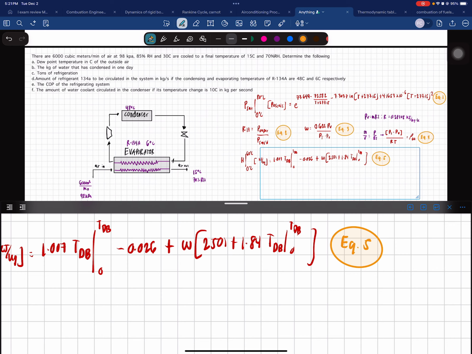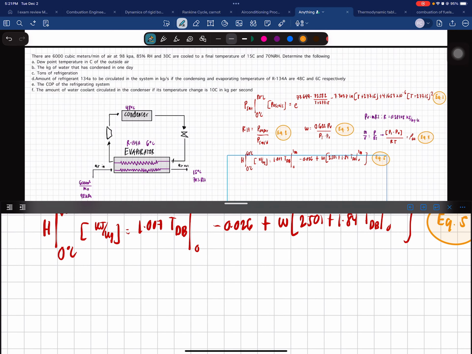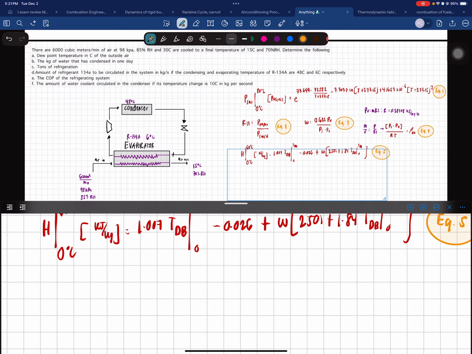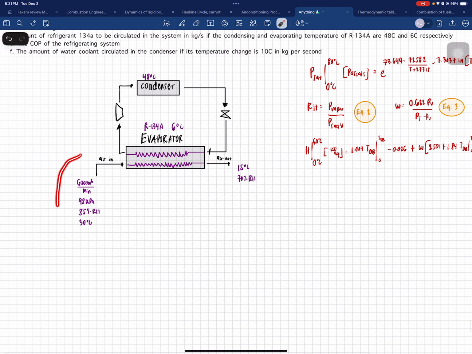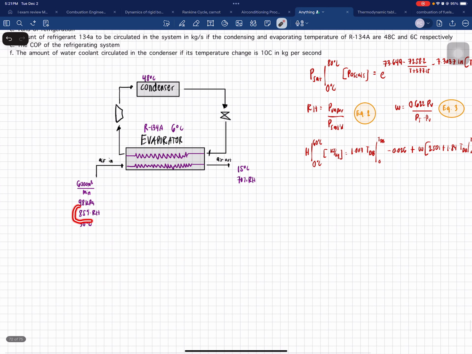So if we're talking about the kilogram of water that will be condensed in a day, note that the amount of air going in your cooling coil contains a relative amount of water vapor. Now as you cool that, the amount of water vapor it can hold is lesser than the amount of vapor you can hold at 30 degrees Celsius.